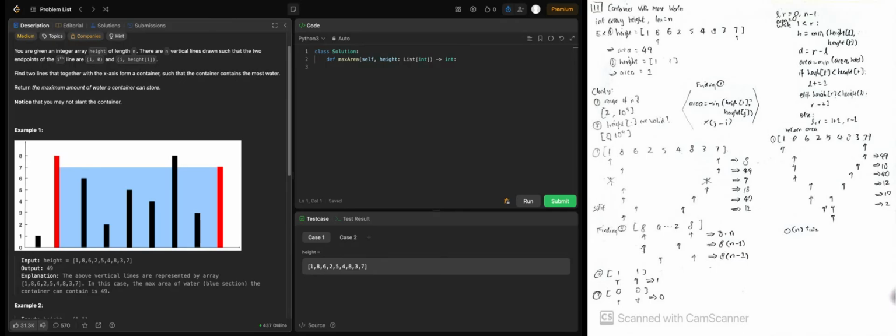Then when they are the same height, well, in this case we could move any of them, but let me think how we can solve this. So then we can explore both of them here.